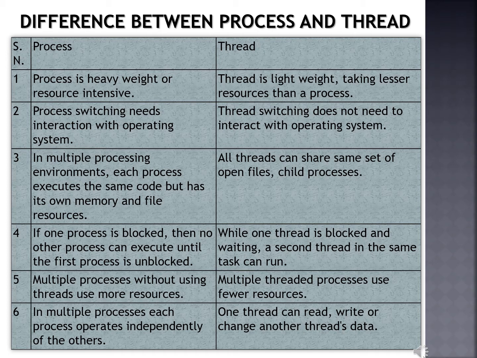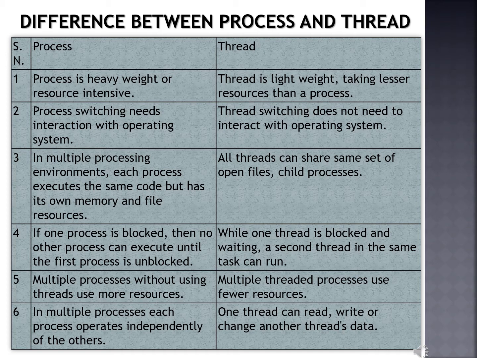Process switching needs interaction with the operating system, whereas thread switching does not need to interact with the operating system. In multiple processing environments, each process executes the same code but has its own memory and file resources, whereas all threads can share the same set of open files and child processes.